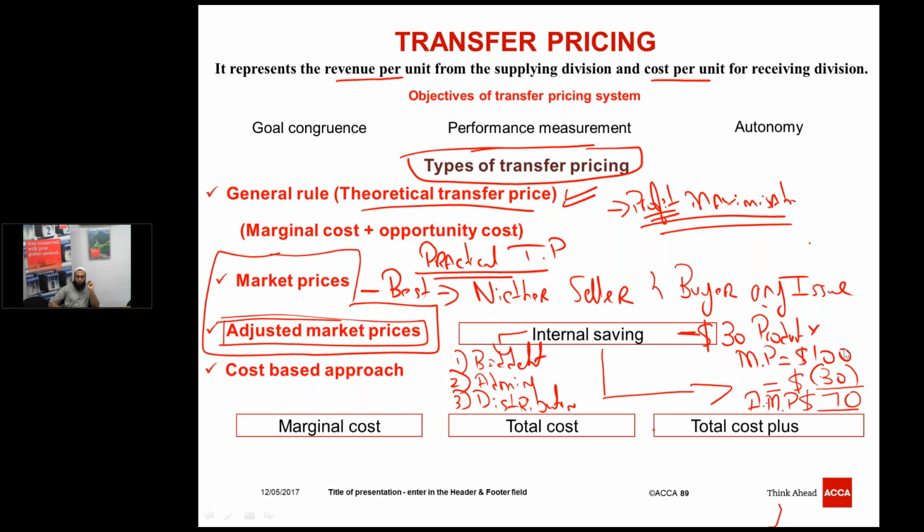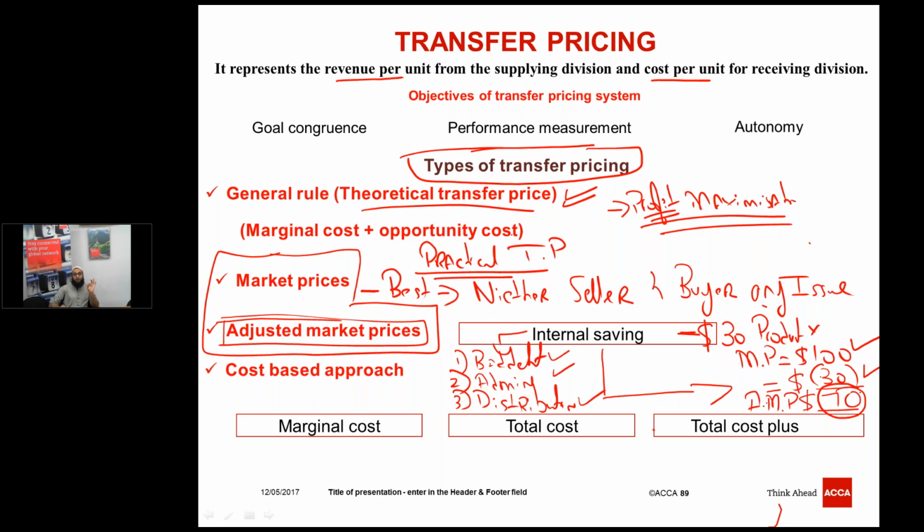The example that I gave was, if the external market price is 100 and if you transfer within the division, there will be a $30 saving because of the distribution, bad debt or administration. So if we deduct these savings, the price that we'll get will be the adjusted market price of $70.